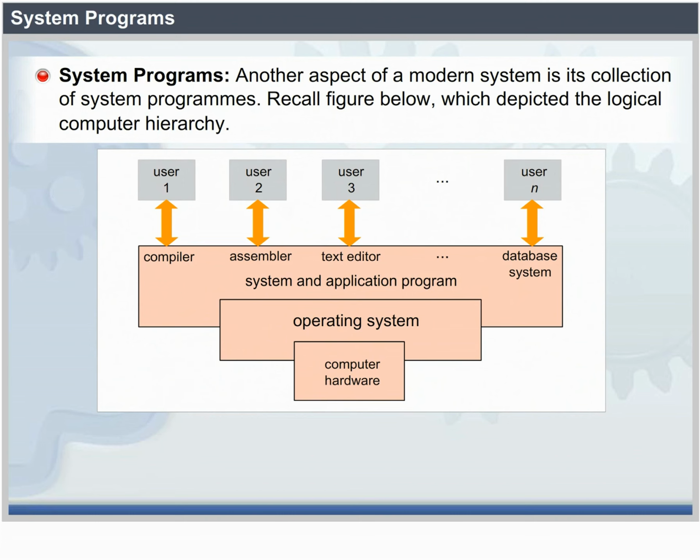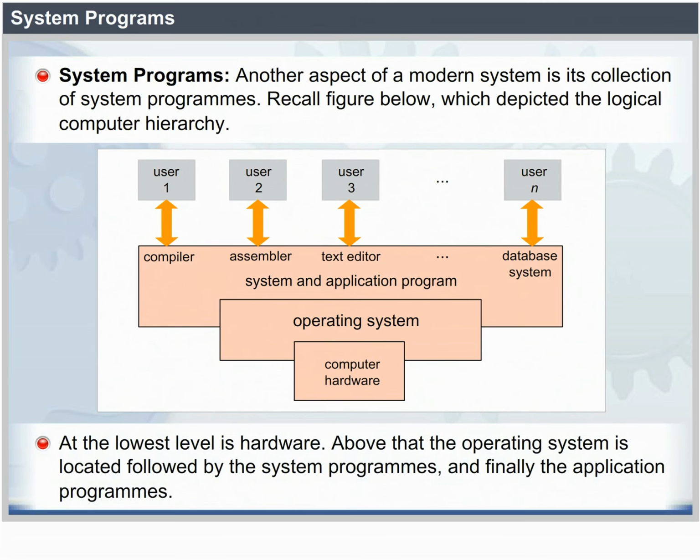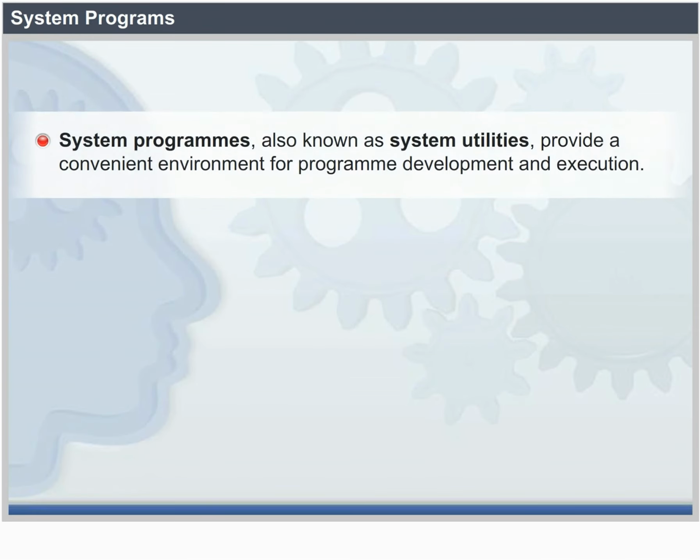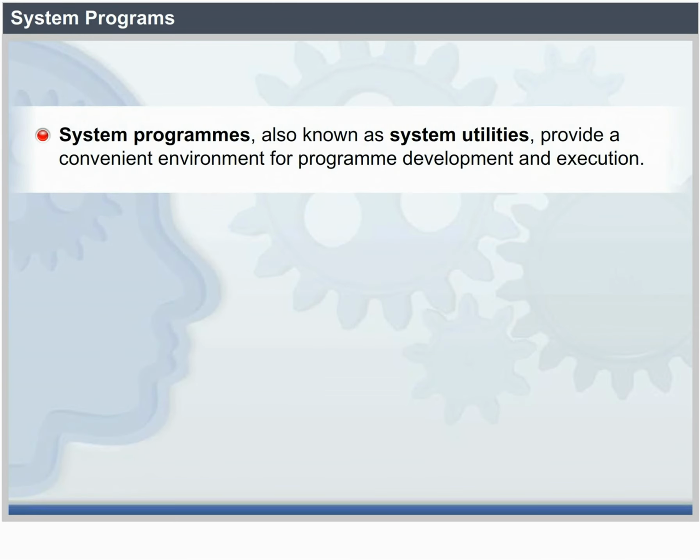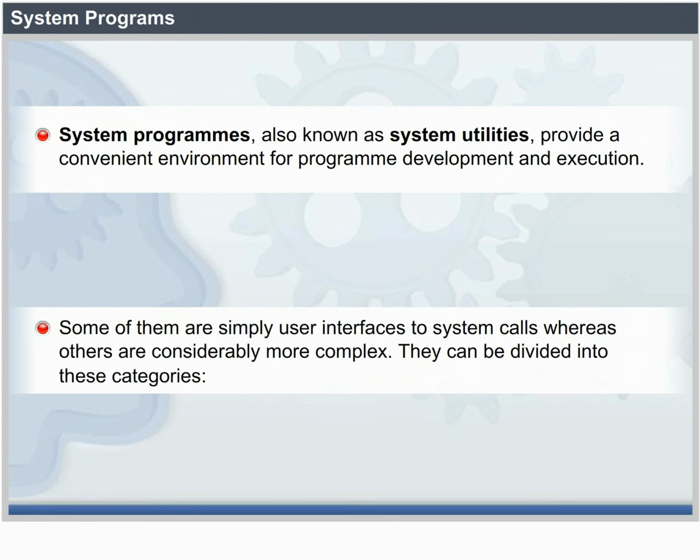Next is the operating system, then the system programs, and finally the application programs. System programs, also known as system utilities, provide a convenient environment for program development and execution. Some of them can simply use interfaces to system calls. Others are considerably more complex. They can be divided into these categories.